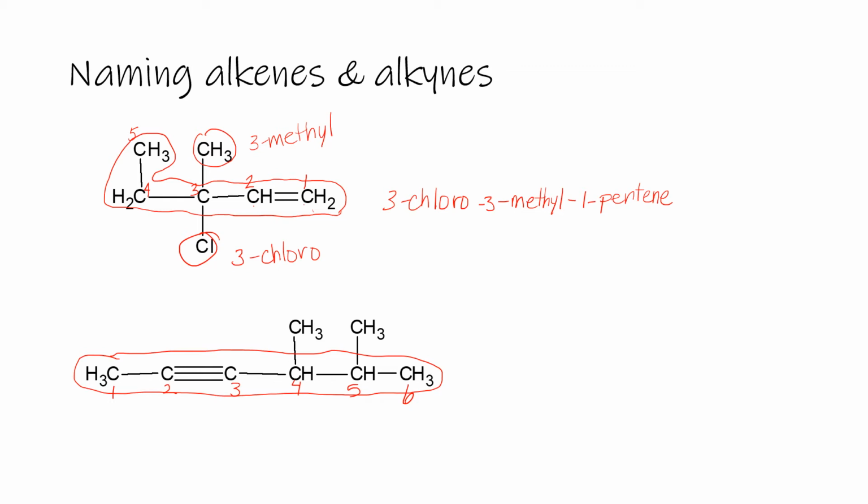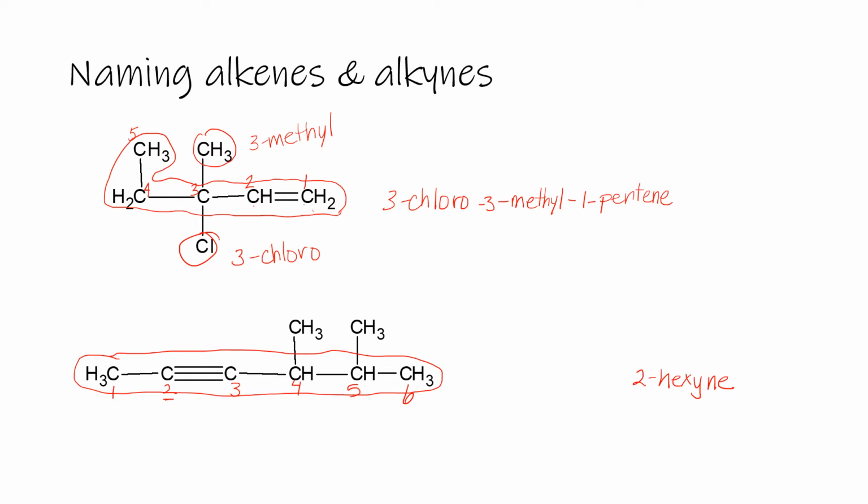And the number that we're going to use is going to be the number 2 because that's the lowest number for the carbon where the triple bond is. So it's going to be 2-hexyne. The hex part tells us there's 6 carbons, the -yne ending tells us it's a triple bond. The 2 tells us where that triple bond starts.